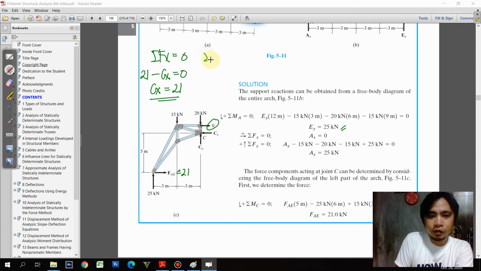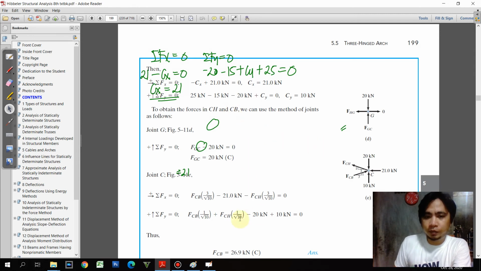Then we proceed to summation forces Y. What are the Y values? We have negative 20 going downwards, minus 15 going downwards, plus going upwards this one, Cy. What else? We have plus 25. So we have to equate it to 0.